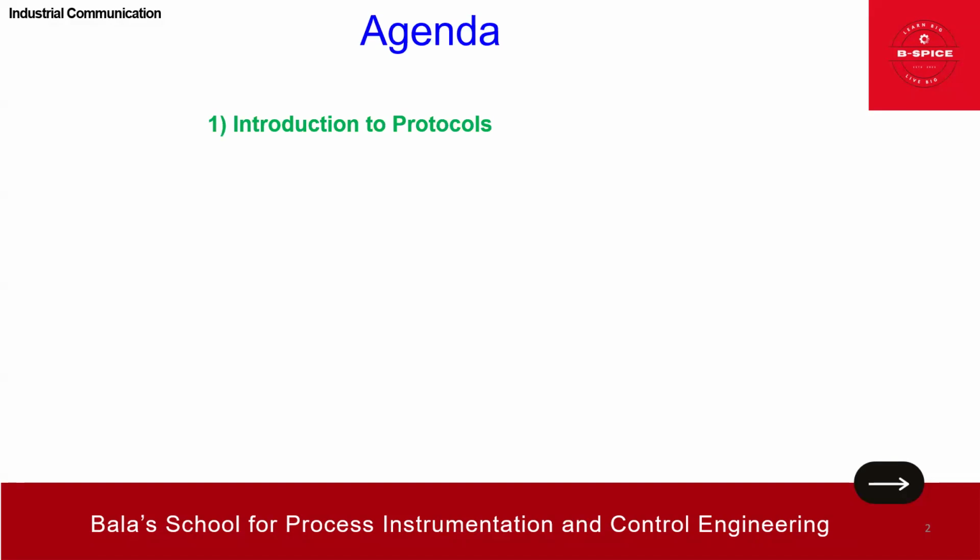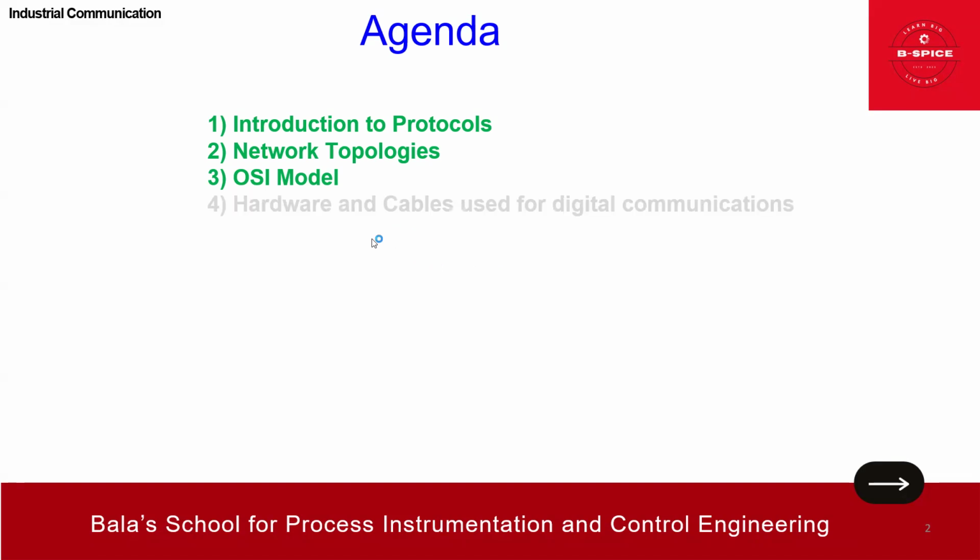I'll touch upon a bit of intro, and also we'll talk about network topologies and the OSI model. It is very important to understand what the OSI model is. These three will be the focus of part A, this section. We also talk about the hardware and cables used for digital communication. All the cables and hardware will be in the next subsequent session.